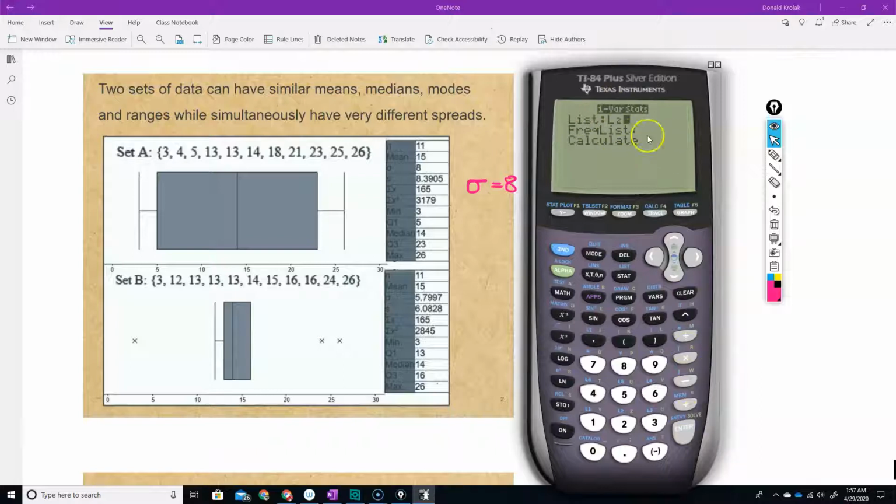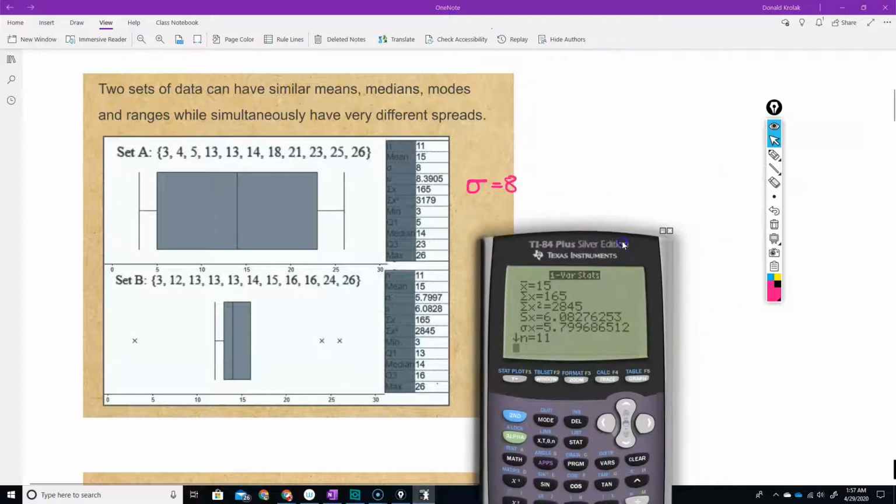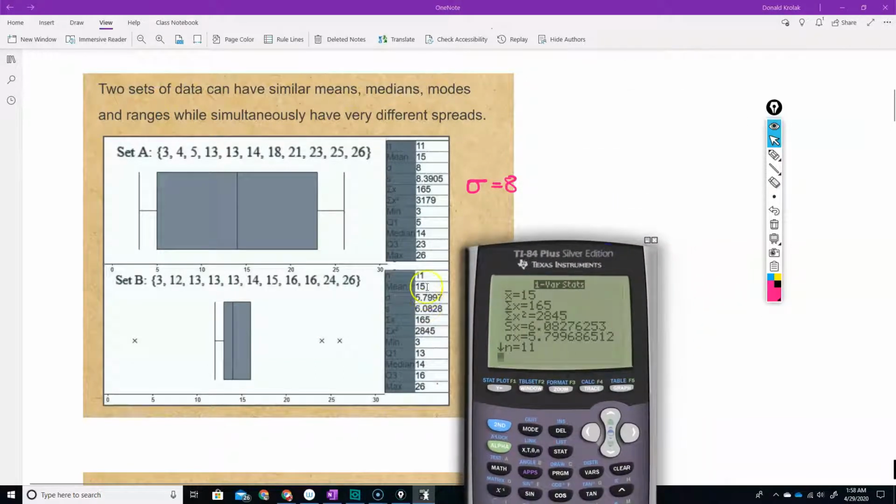There are no frequencies in this data, so we skip that. We go to Calculate, and that should mimic this data right here. There's our sigma, there's our standard deviation, which is right here. And then if we scroll down, we get our 5-number summary.